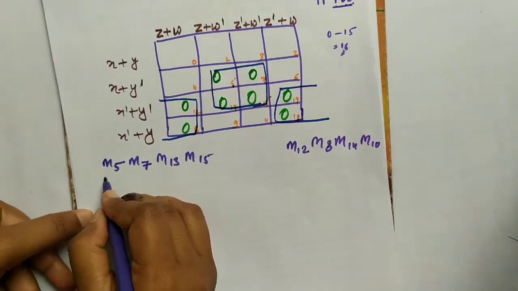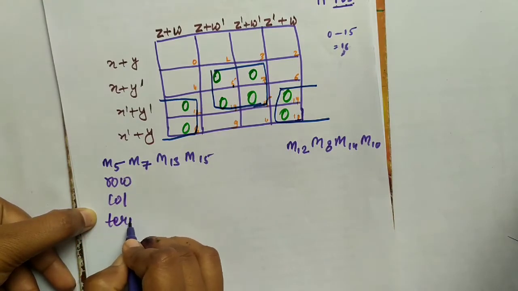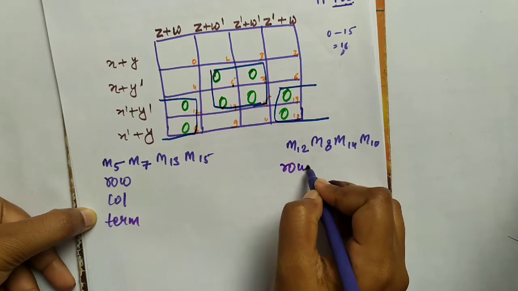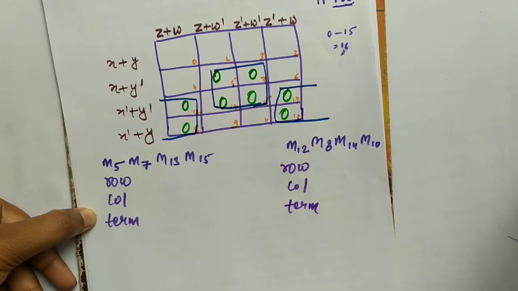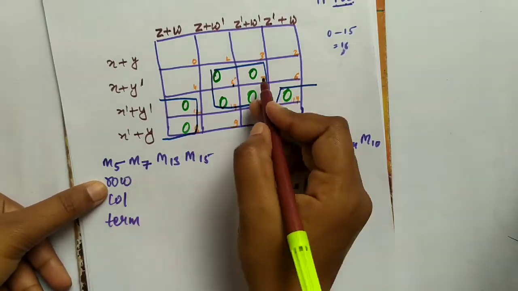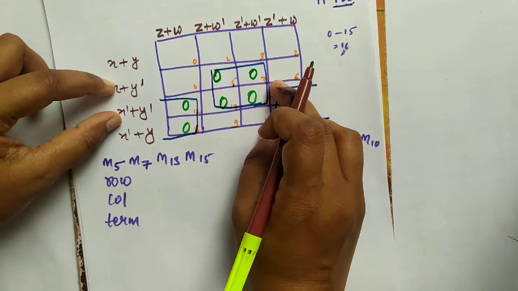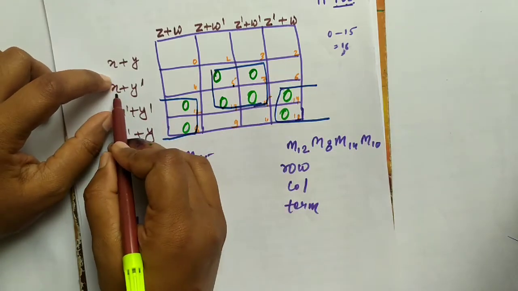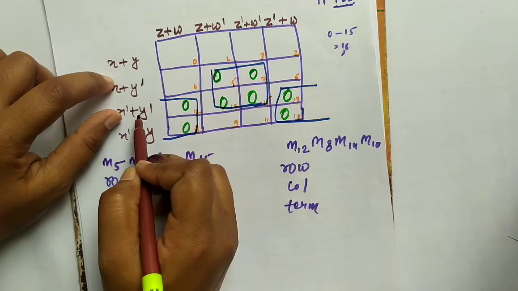So for the row, column and term, here also row, column and term. For the row, in this quad there are 2 rows. In this row there are the values x dash, y dash, y dash. Which value is common?